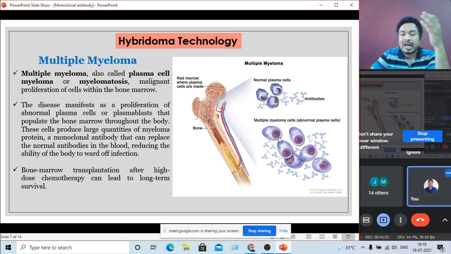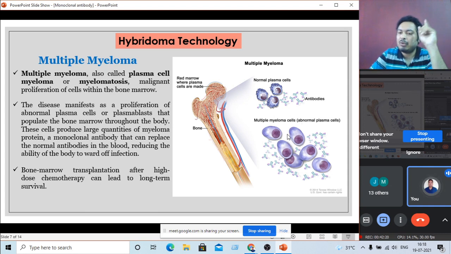And later on, our body is immunocompromised, and our body cannot produce the normal antibodies for the different types of antigens, because this cell only produces a single type of antibody. Okay, suppose we are infected with a bacteria, then our body cannot produce the antibody for the bacteria, because all the cells have become these multiple myeloma cells.